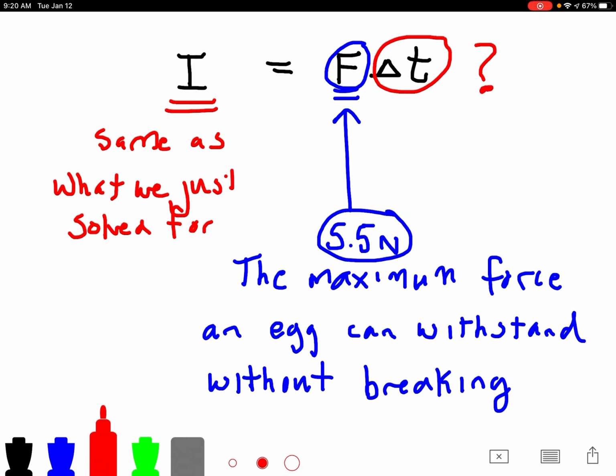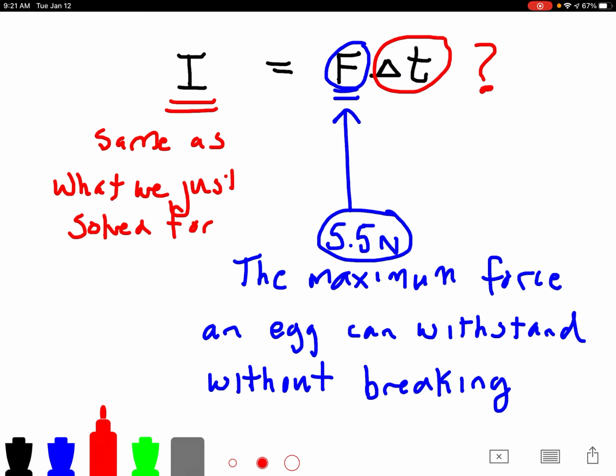But if the force was a little bit smaller, our time would have been a little bit bigger, which is great. The whole point of this design is to lower the force as much as possible and to increase the time as much as possible. If our force was any bigger than 5.5, then our egg most likely would have broken.